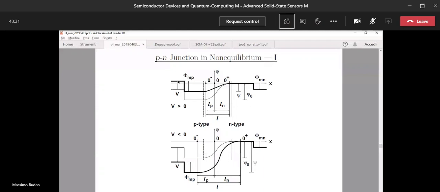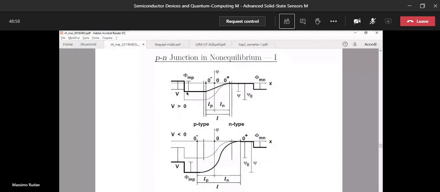Now, you remember the other assumption is that the wave functions do not change. So the discontinuity at the contact will stay the same as in the equilibrium case. Then we pass the discontinuity and we go to the right, okay?